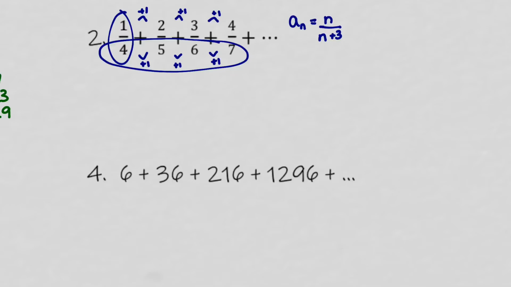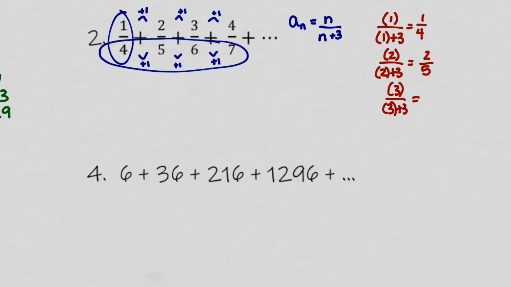All right, let's try and see if that works. So if I find my first term, so n is 1, I end up with 1/4. Okay, so that worked out. Now let's try it when n is 2. I get 2/5. All right, so far 3, and I end up with 3 plus 3 on the bottom. So I have 3/6, which is 1/2, and then I do when n is 4. Whoops.